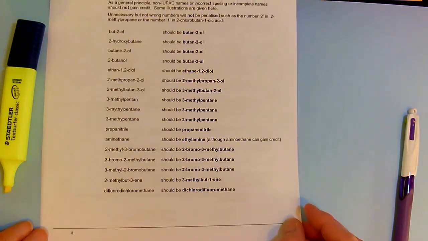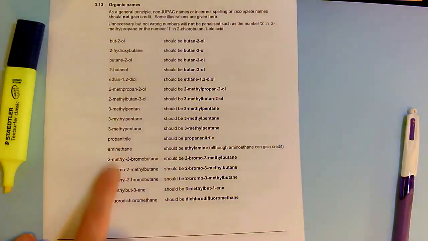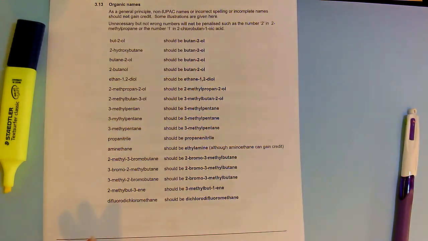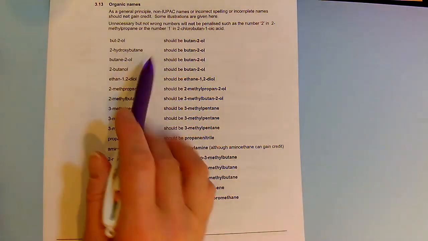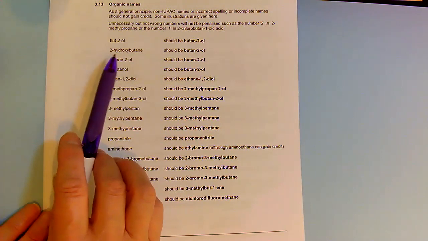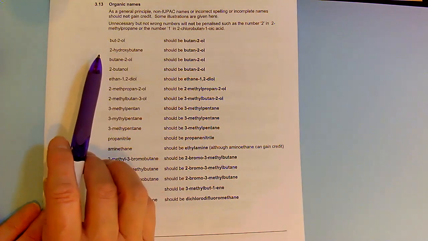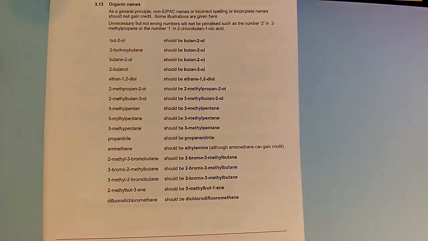And then here you can see a list of organic names which should be marked incorrect. So using any of these which are not correct, these should be the alternatives. So just to point a few out, the first one, but-2-ol, it should be butan-2-ol. 2-hydroxybutane, which was the old name for butan-2-ol, so you should be using butan-2-ol.